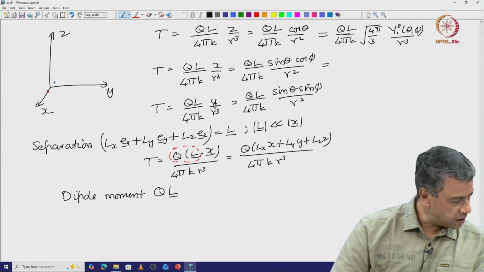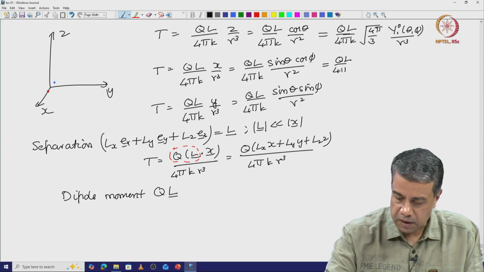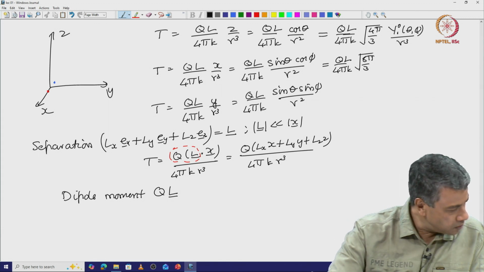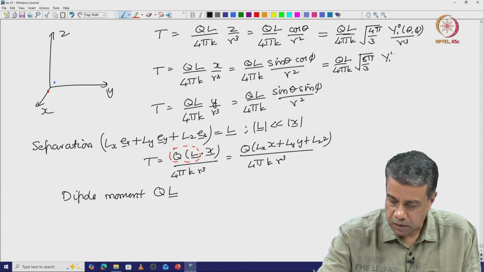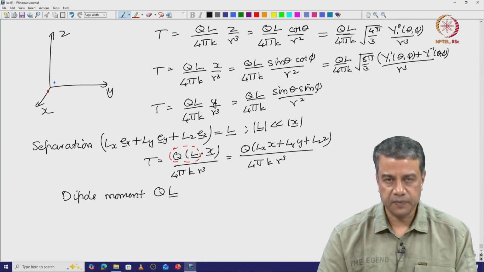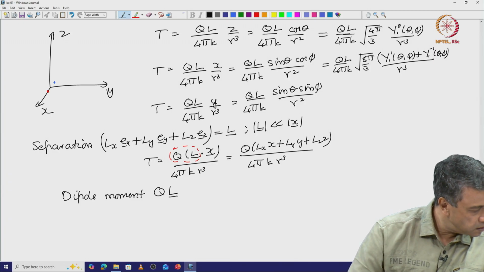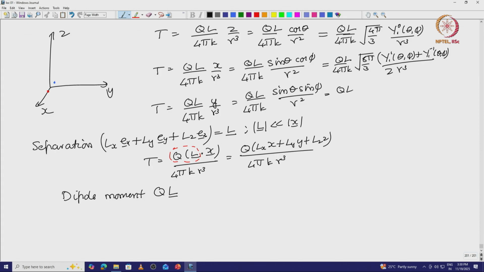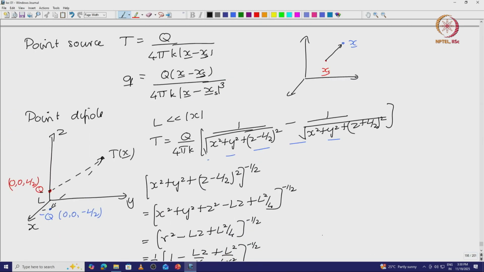This can also be written as q L by 4 pi k root of 8 pi by 3 into y 1 1 of theta phi plus y 1 minus 1 of theta phi by 2 r cubed, and this is equal to q L by 4 pi k root of 8 pi by 3 into the difference of the two, divided by 2 i r cubed, where the y's were all listed out.